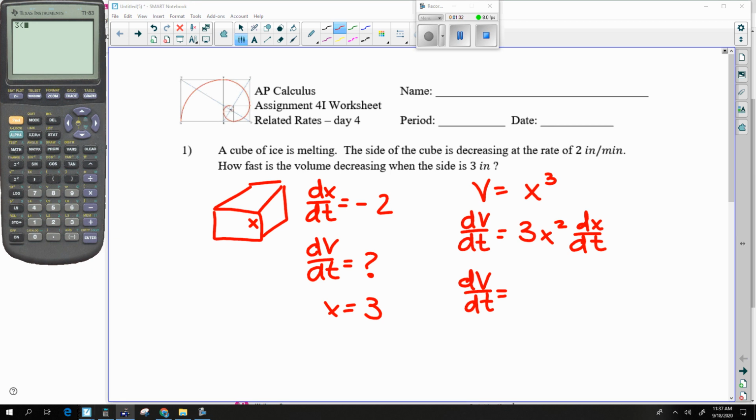So that's 3x squared dx/dt, which gives negative 54. The top is a volume, so that's going to be inches cubed. The denominator is time, which is minutes.